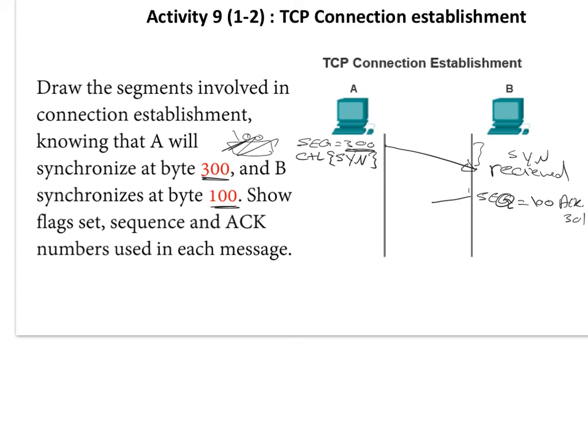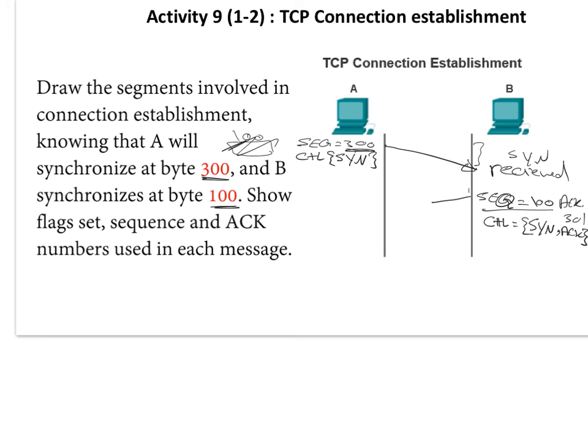And this message will have control flags. We want to sync back, so it has the sync flag set to 1, and we want to acknowledge the fact that we have received your sync.